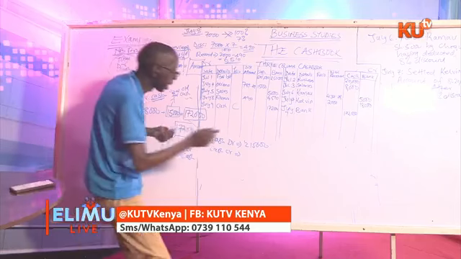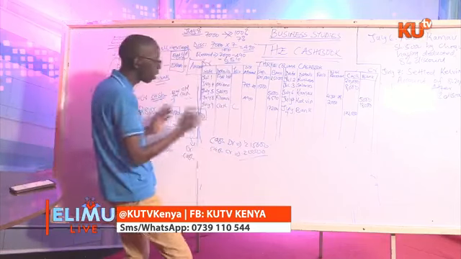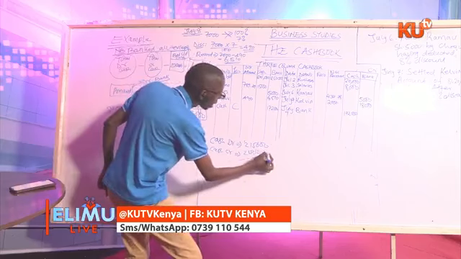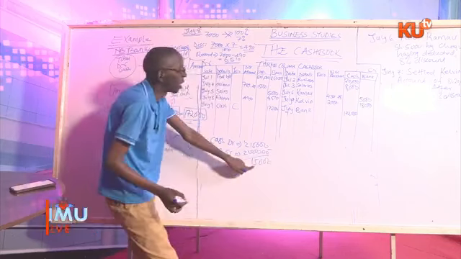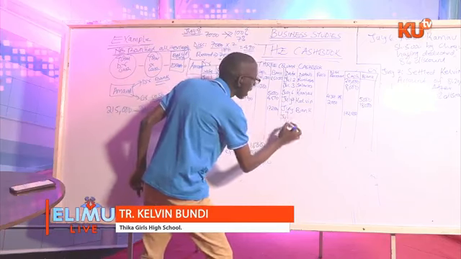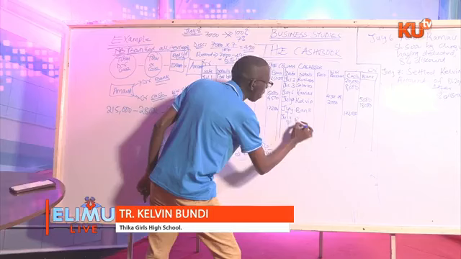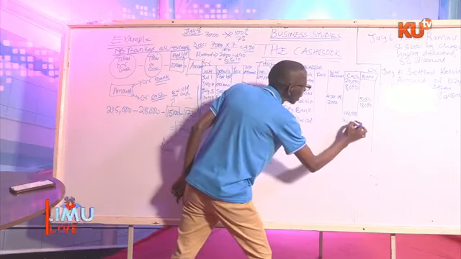15,000, which is 215,000. The difference between the side with more amount and the side with less amount is the balance, and that is 15,000. That's why I told you on July 9, when you are balancing the account, you write balance carried down for cash 15,000.